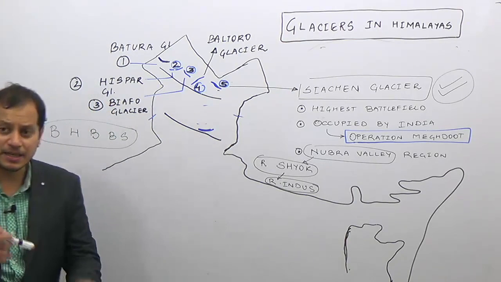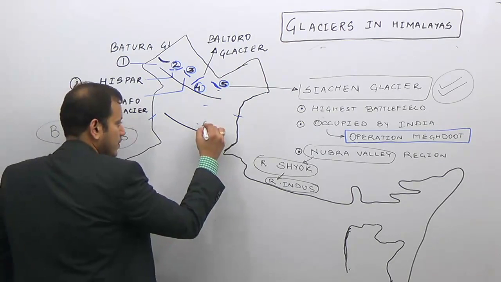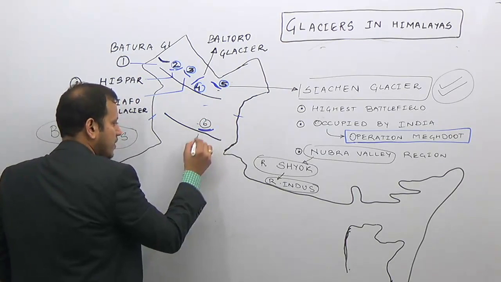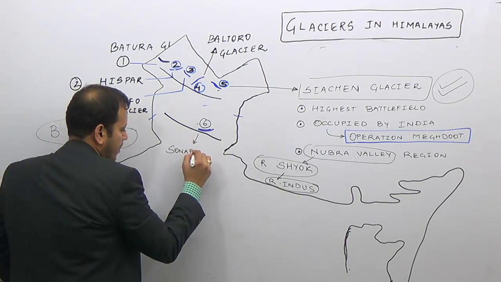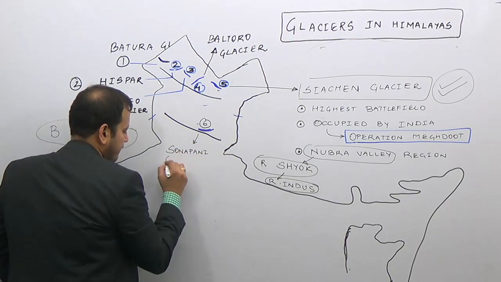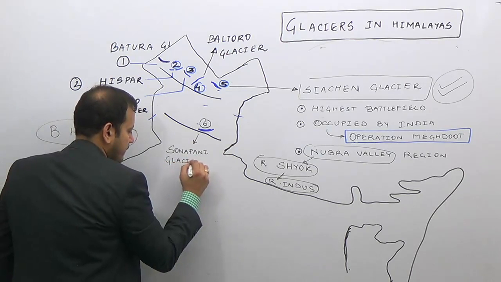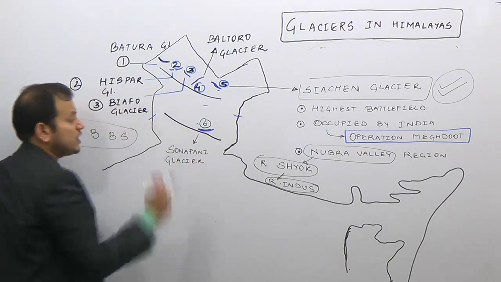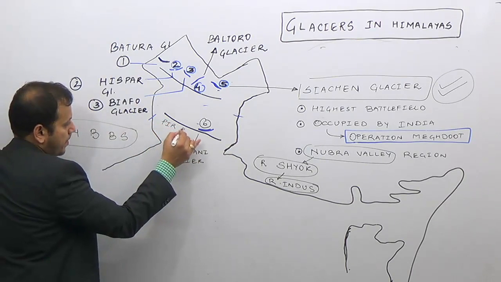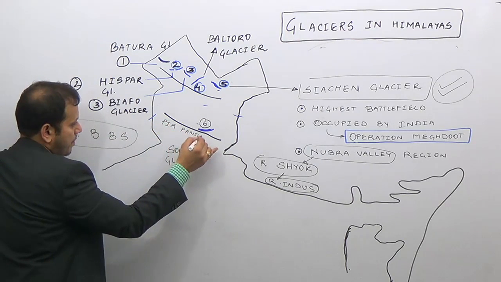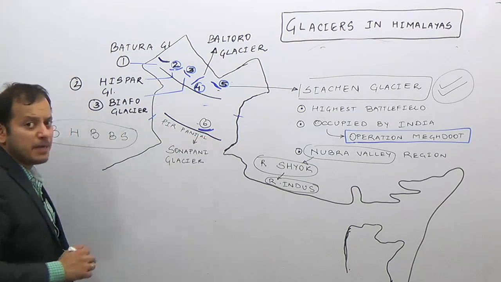I am marking it as sixth, and this is the Sona Pani Glacier. In which range? In the Pir Panjal range.